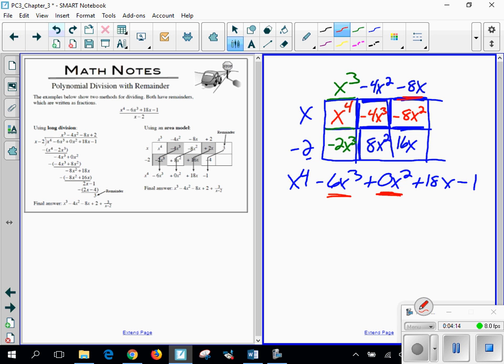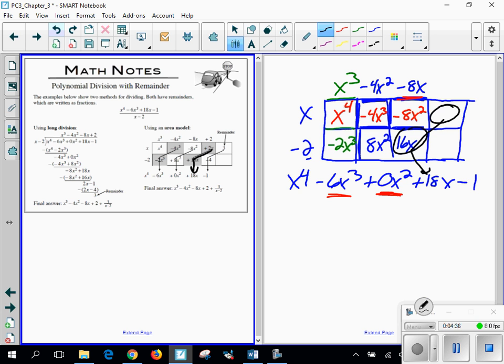I left my box kind of an undecided length because I didn't know where it was going to end. And I still don't think I'm at the end, but I'm getting close. Whatever is in these two boxes has to add up to 18x. That's this piece right here.